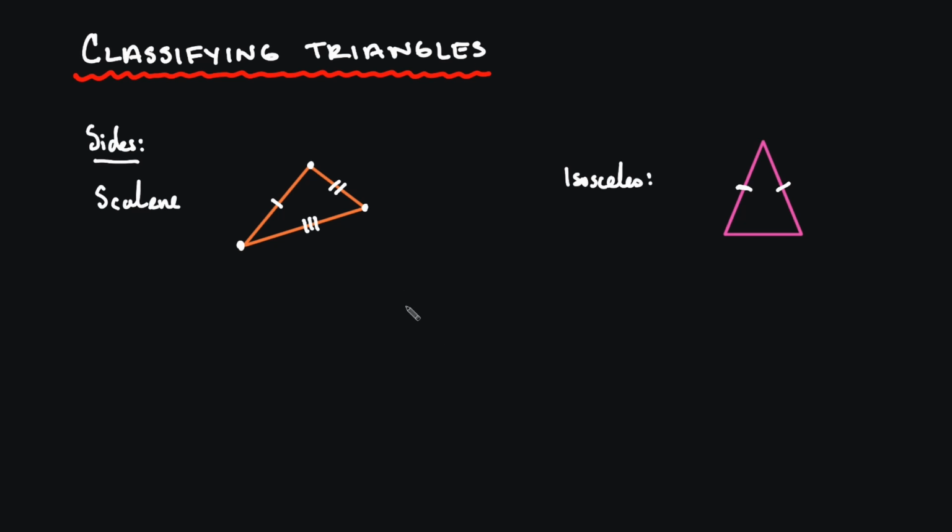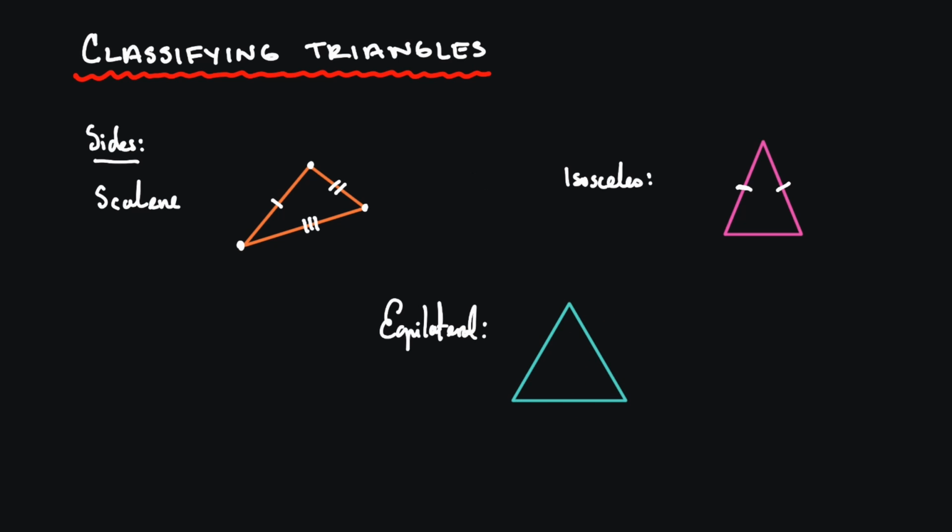An equilateral triangle. How are we going to define something that you probably know? An equilateral triangle is a triangle that has three sides of equal measure. So if we have a triangle, and let me try to draw it as close as possible, we have this triangle right here.